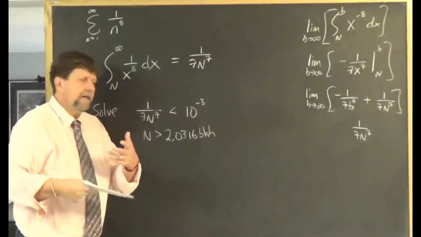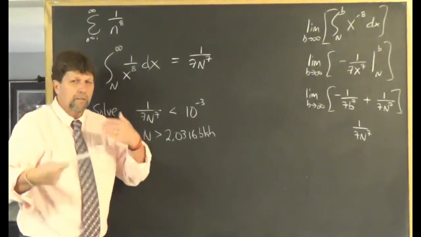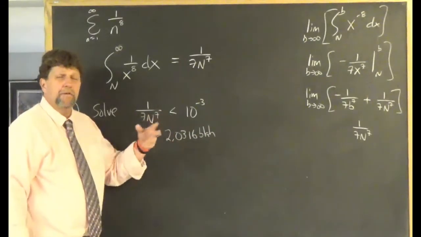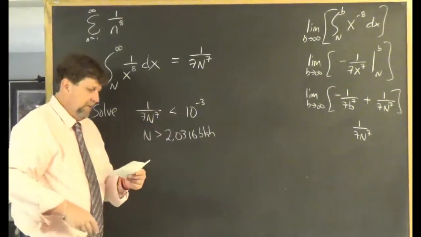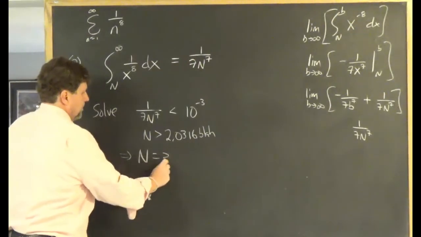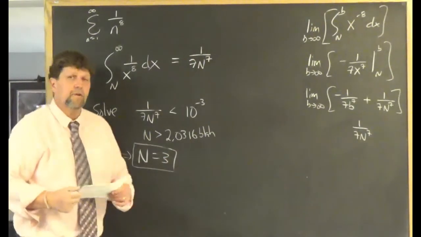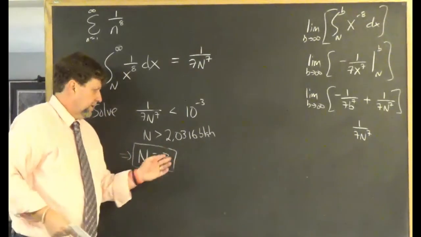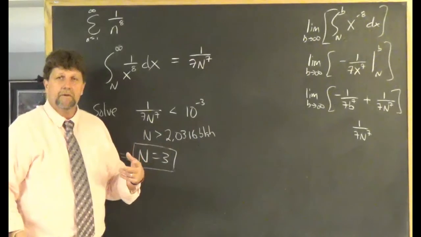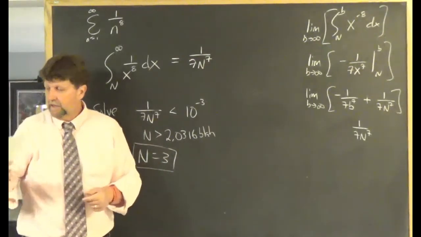But remember, we're talking about positive integers. So if it's greater than 2.03, that means we need 3 terms, because that's the positive integer that's greater than 2.03. So that means we need 3 terms.